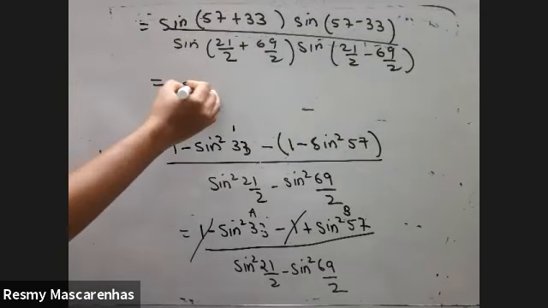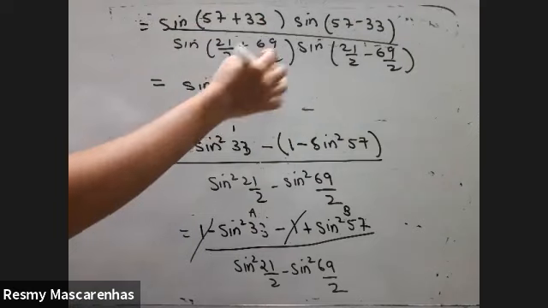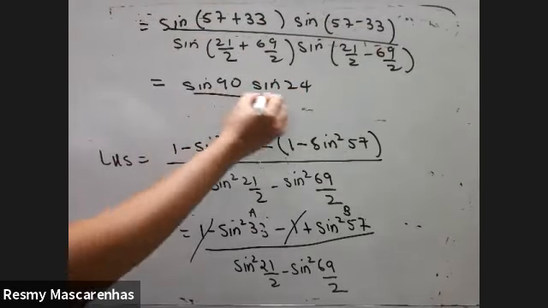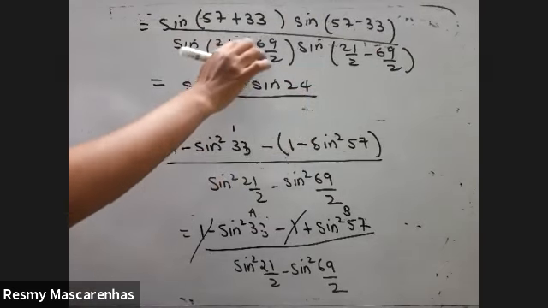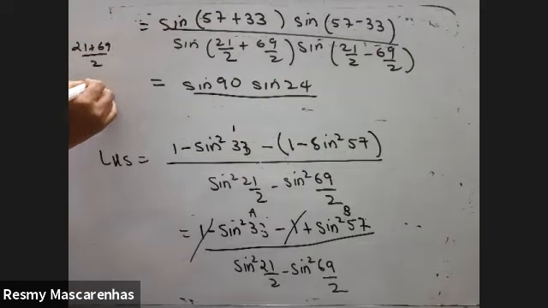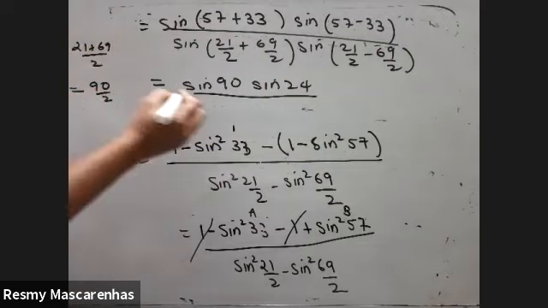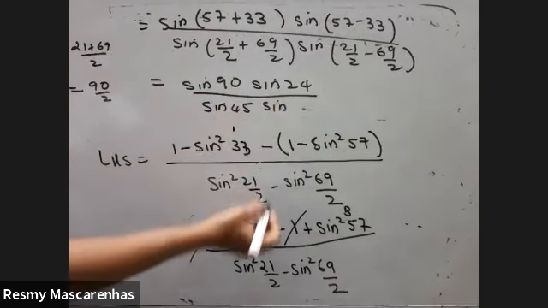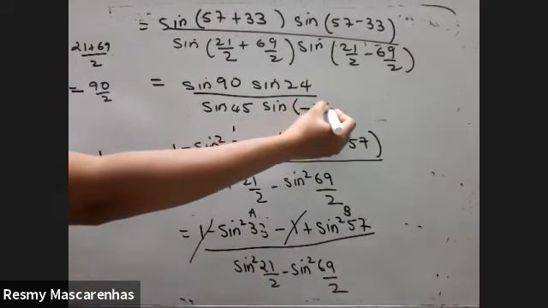So this will give you sine 90. This will give you sine 24 upon sine of 21 plus 69 upon 2, that will be 90/2, which is 45. And this will turn out to be minus 24.